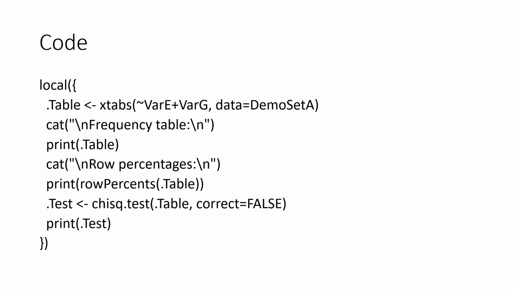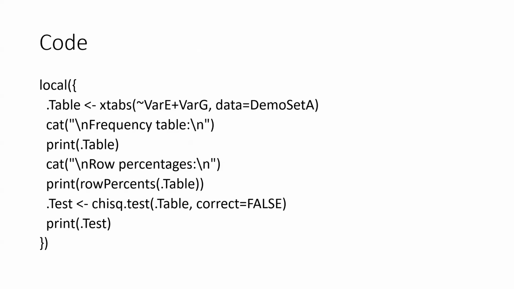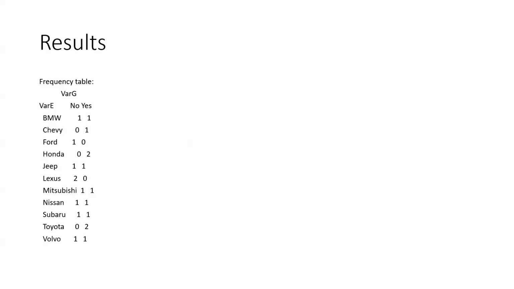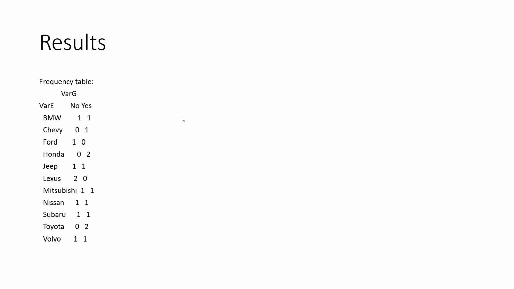This is the code that is created. This is what's working in RStudio in the background if you're interested, but you don't really need to concern yourself with this. This is all done for you. In any event, the outcome of clicking OK here is you have this as your output in your RStudio console log.